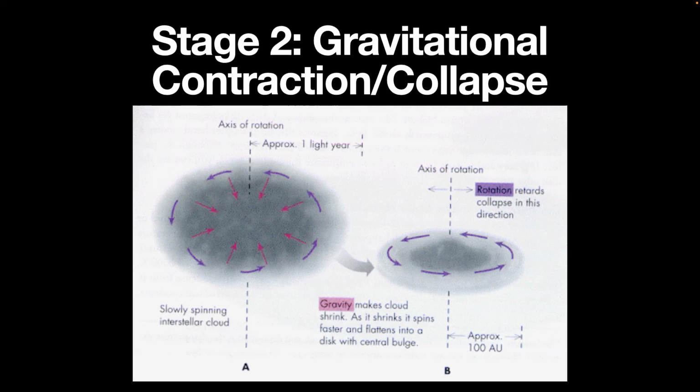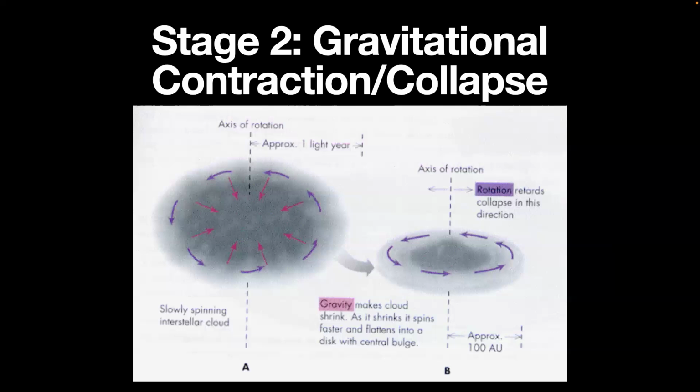When it gets massive enough or cold enough, this cloud will begin to collapse under its own weight. This is called a Jeans instability. You don't have to know that for anything. It's just what it's called. So we have this slowly rotating mass of gas start to collapse in on itself. It contracts, right? It gets smaller.